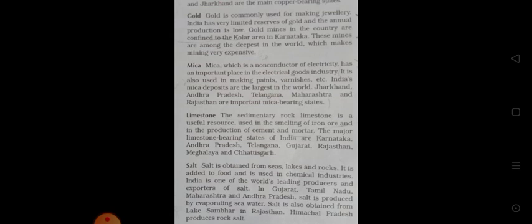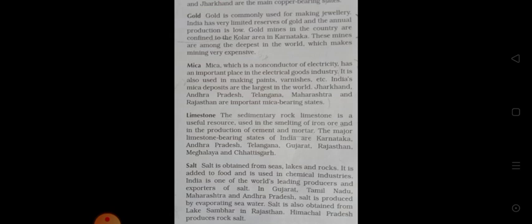It is used in the smelting of iron ore and in the production of cement and mortar. Karnataka, Andhra Pradesh, Telangana, Gujarat, Rajasthan, Meghalaya and Chhattisgarh are the main limestone-producing states.